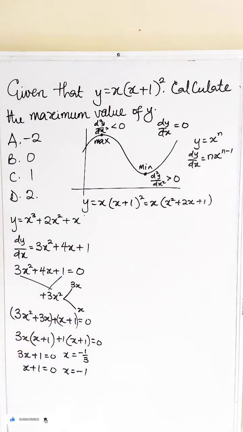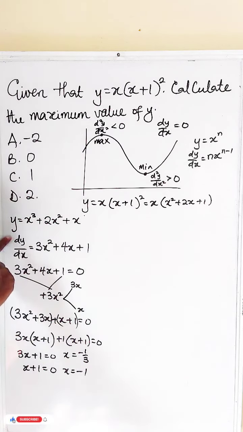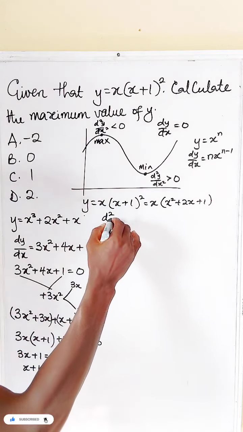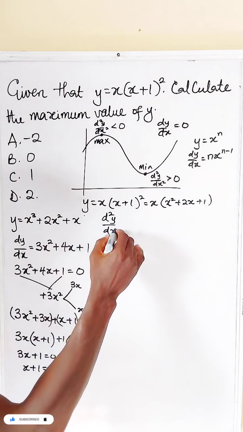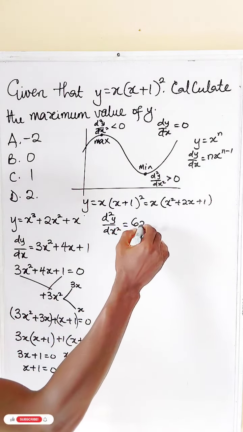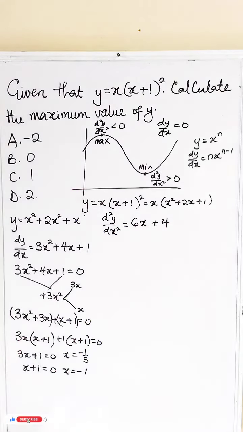Now let us differentiate this function to the second degree, d²y/dx², which gives us 6x + 4.